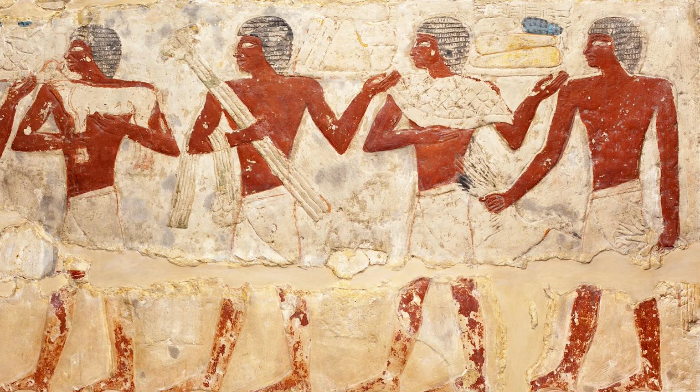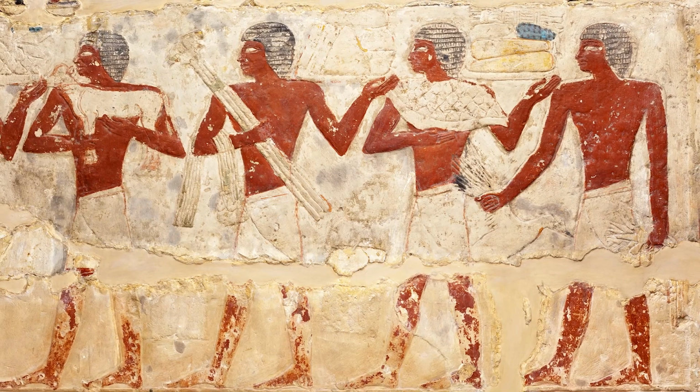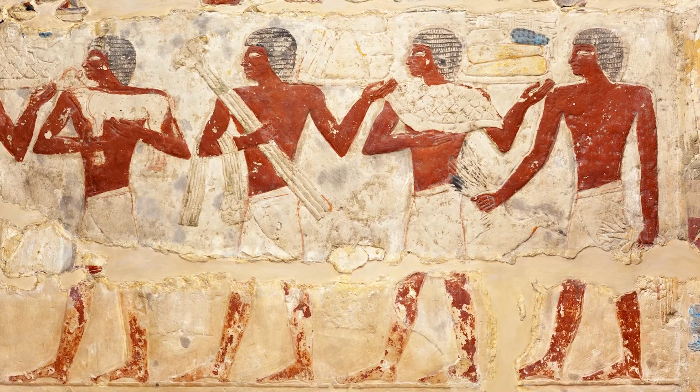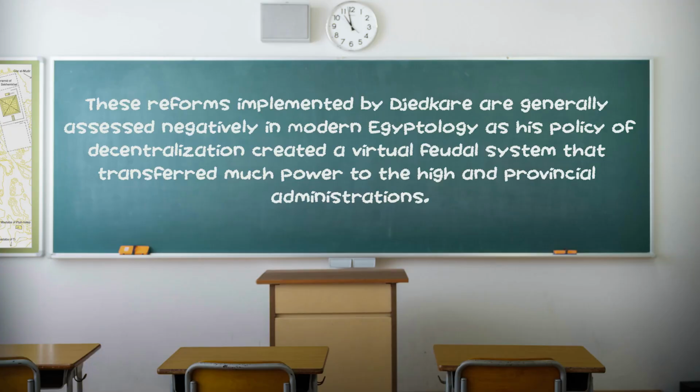More significantly, Djedkare effected comprehensive reforms of the Egyptian state administration, the first undertaken since the inception of the system of ranking titles. These reforms are generally assessed negatively in modern Egyptology, as his policy of decentralization created a virtual feudal system that transferred much power to the high and provincial administrations.